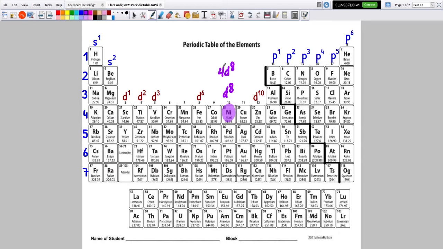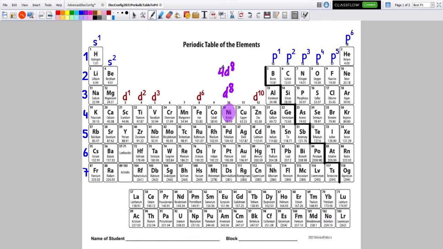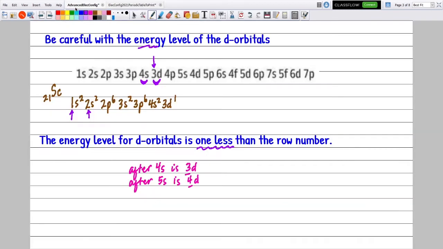But no, remember, the energy level for d orbitals is one less than the row number. So don't write 4d8. The ending for the electron configuration of nickel is 3d8. So let's write that down.